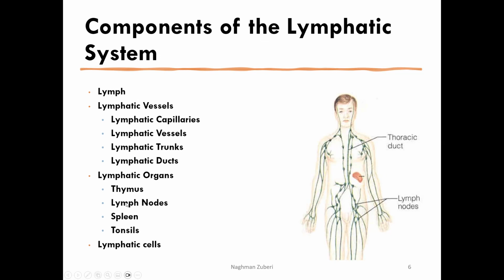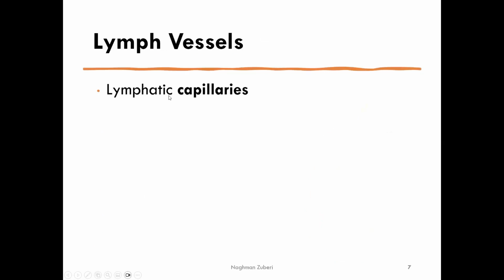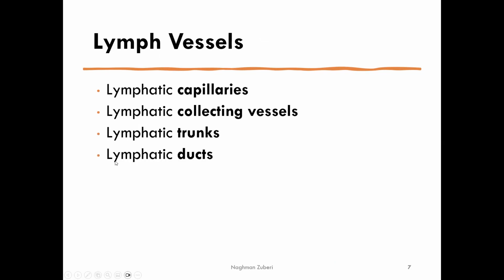Lymphatic organs are the thymus, lymph nodes, spleen, and tonsils, and then there are lymphatic cells.